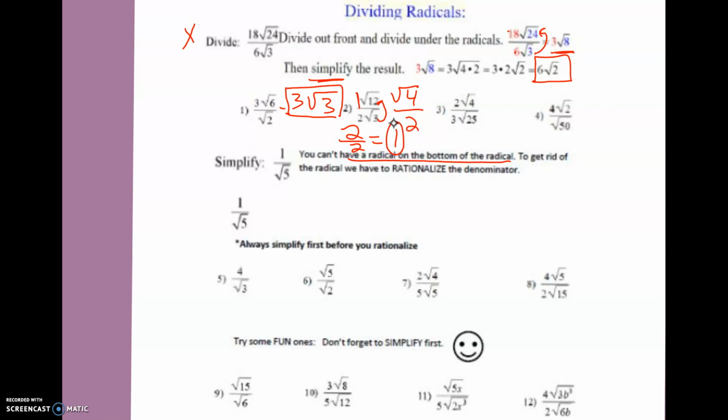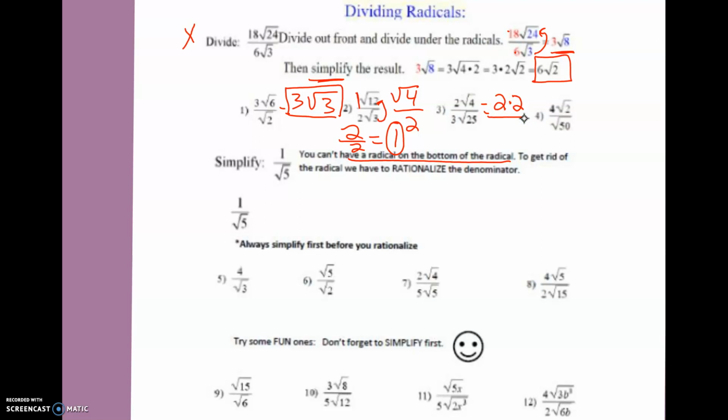Number 3 I'm going to handle a little bit differently, because number 3 you'll notice that 4 and 25 are both perfect squares. So the square root of 4 is 2, so that's going to come out, and we'll multiply it with the 2, so that'll be my numerator.